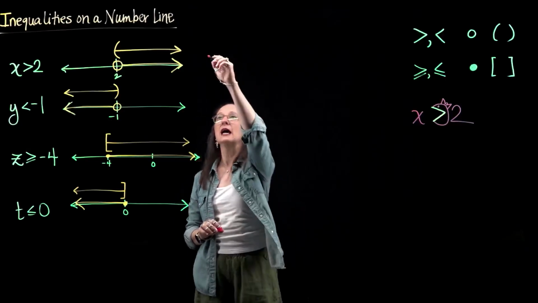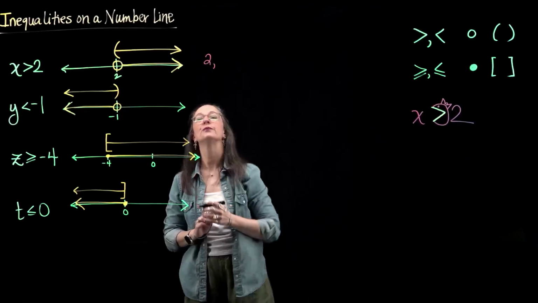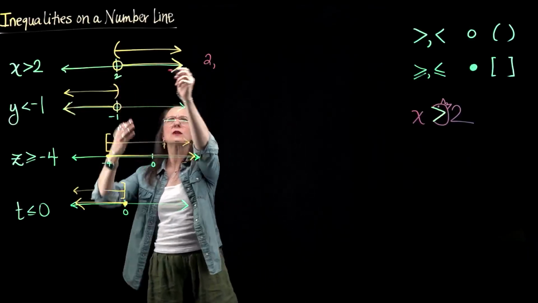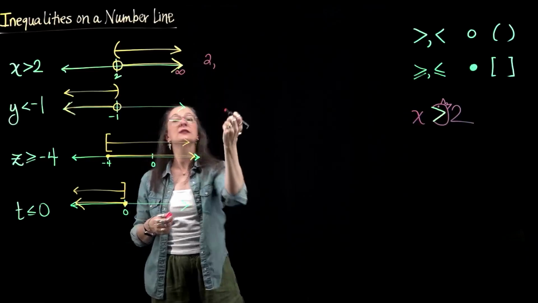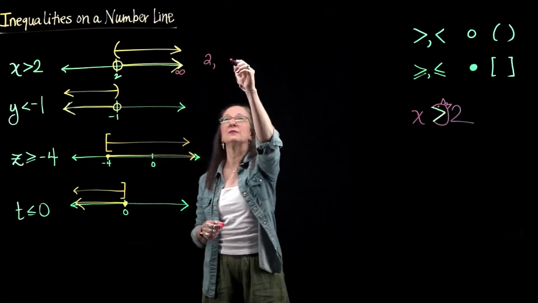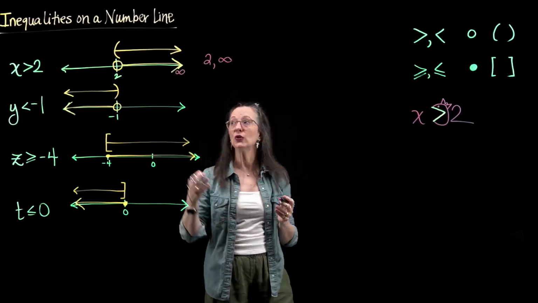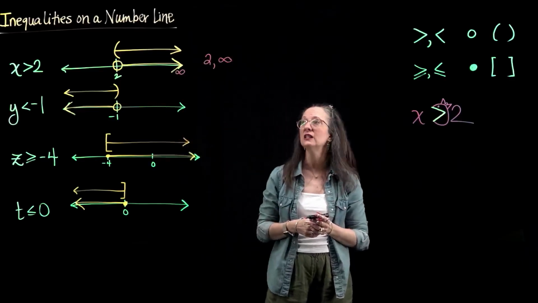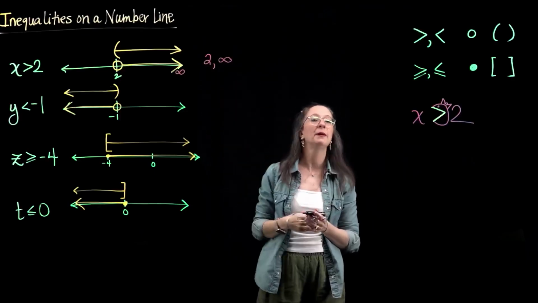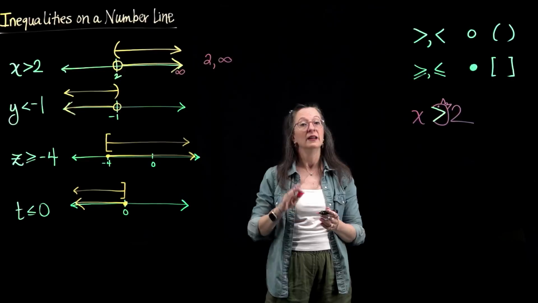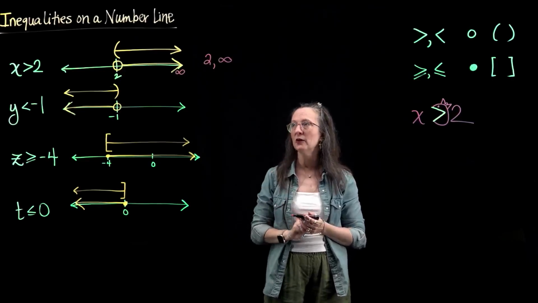It begins at 2, and it ends on this arrow, which represents positive infinity. So that interval, the area that I shaded, is going to go from 2 to positive infinity. Now here's where we indicate if we include them or not.